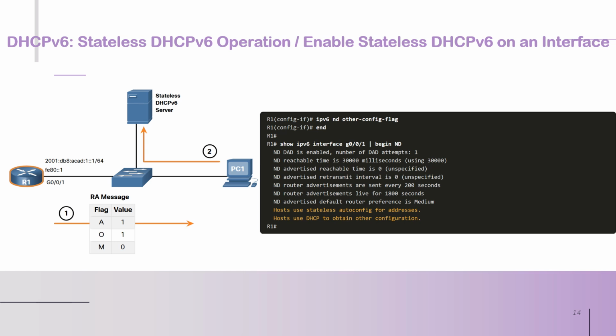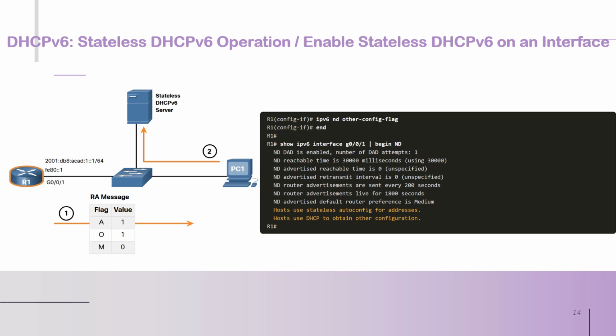And as highlighted here from the output of show ipv6 interface for interface GigabitEthernet 0/0/1, you can see that the router advertisement will tell the receiving host to use stateless auto configuration, which means the A flag is 1, and contact a DHCP version 6 server to obtain other configuration information, which means that the O flag is 1.